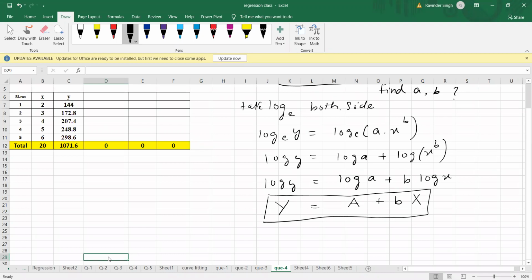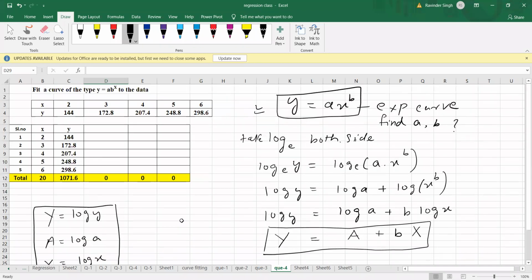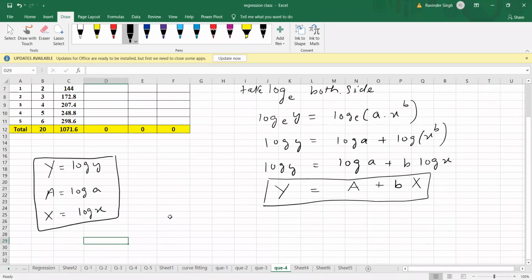But don't forget that your substitution for capital Y is nothing but log y, your substitution for capital A is log a, and your substitution for capital X is log x. So these are the substitutions you have. One second, let me check. Ax power b. All right.